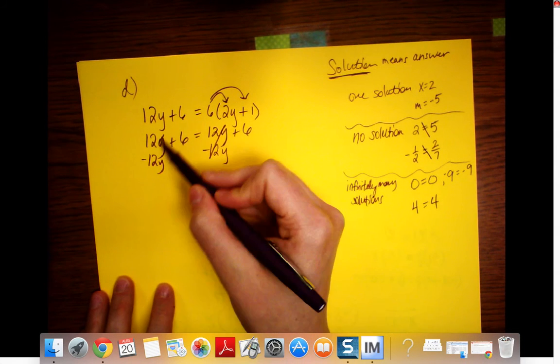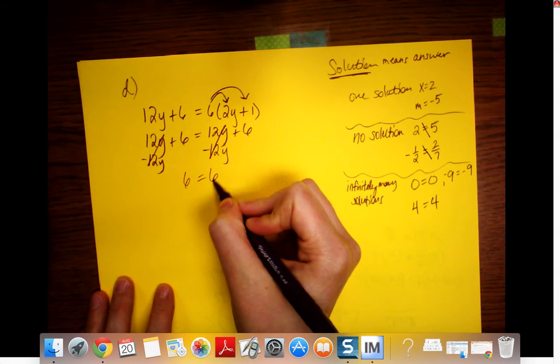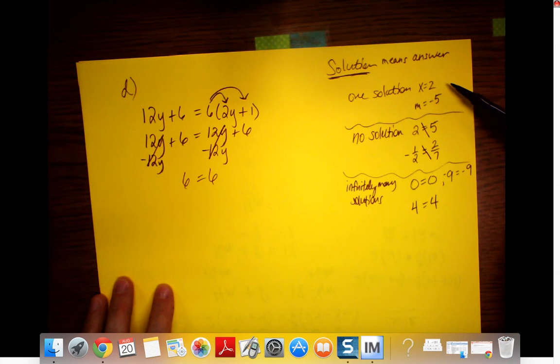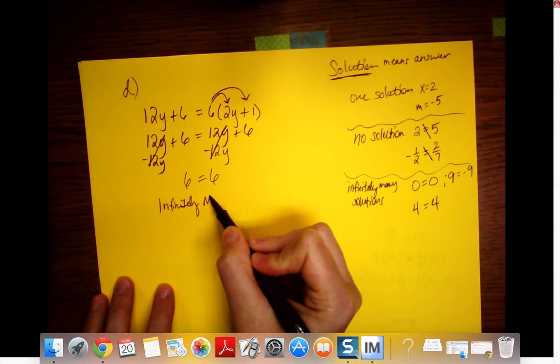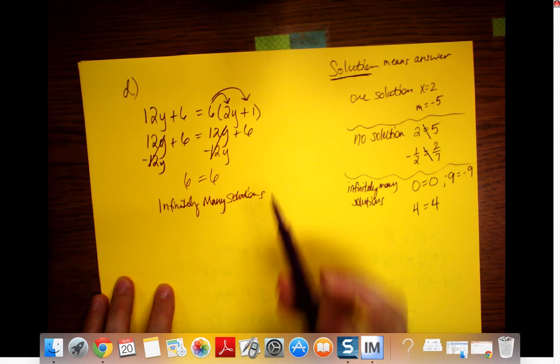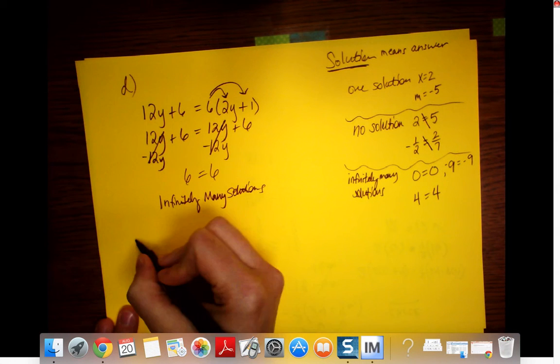Well, that goes away. You're left with 6 equals 6. So which solution is it? Is it one solution, no solution, or infinitely many? It is infinitely many. And you would have to actually say infinitely many. Okay? Let's do another one.